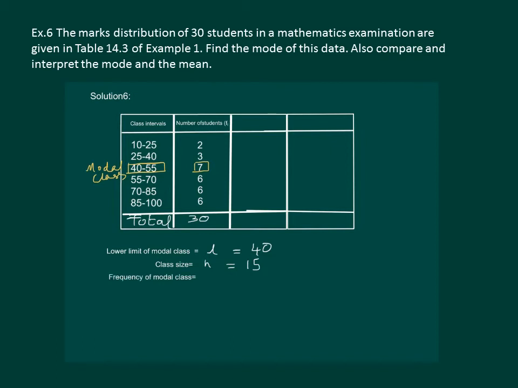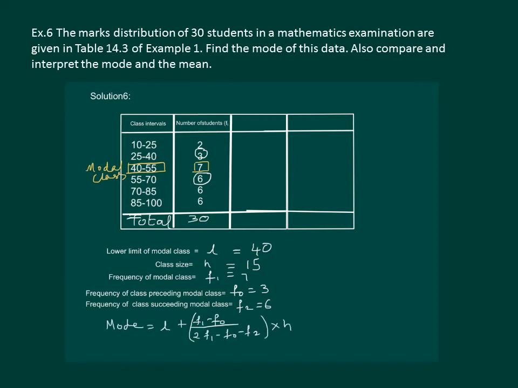Frequency of the modal class, that is F1, is equal to 7. Frequency of the class preceding the modal class, that is F0, is equal to 3. Frequency of the class succeeding the modal class is 6. So F2 is equal to 6.